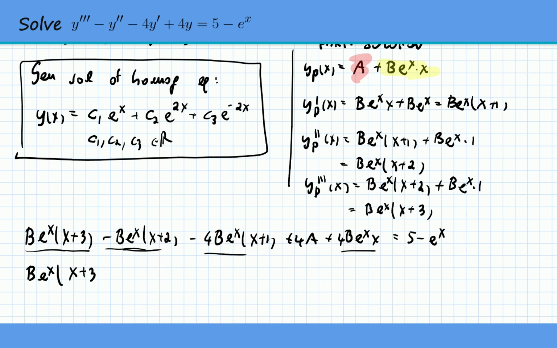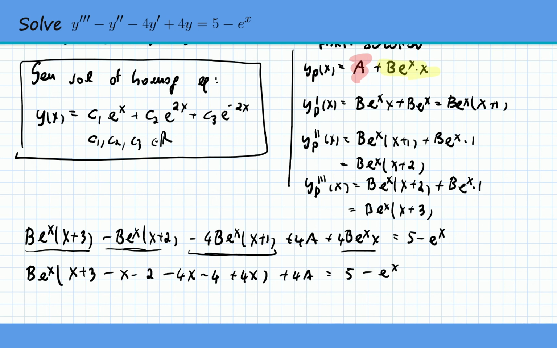The second one gives me a minus x plus 2, so distributing, minus x minus 2. This one gives me a minus 4 that multiplies x plus 1, so minus 4x minus 4. And the last one simply gives me plus 4x. Then we have the plus 4a, and this should be equal to 5 minus e to the x.